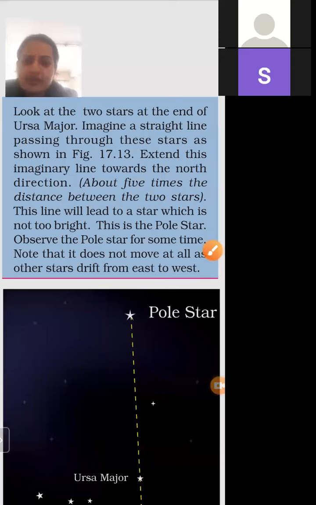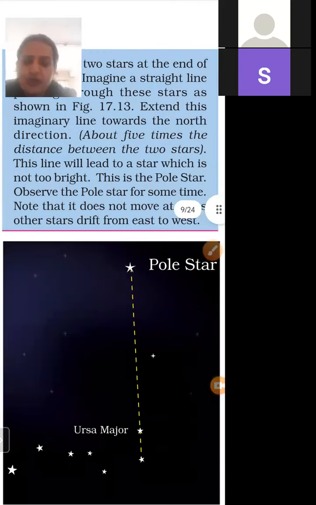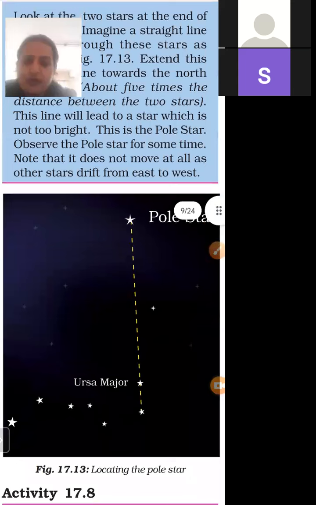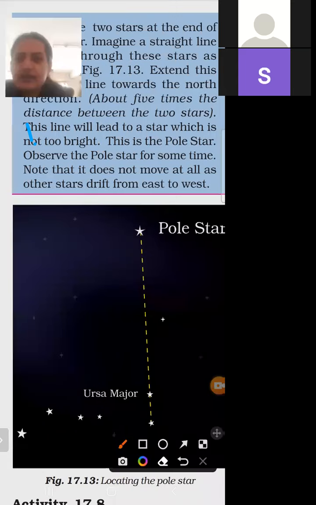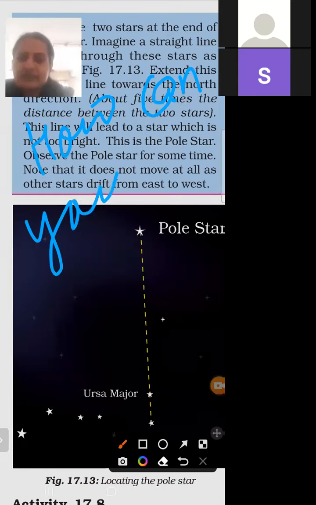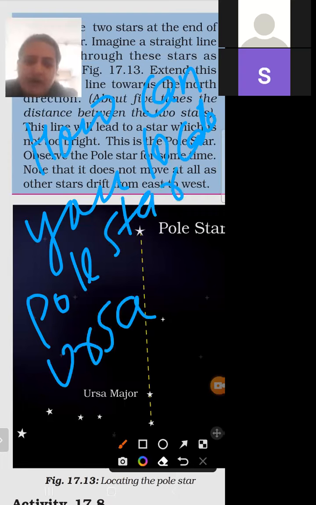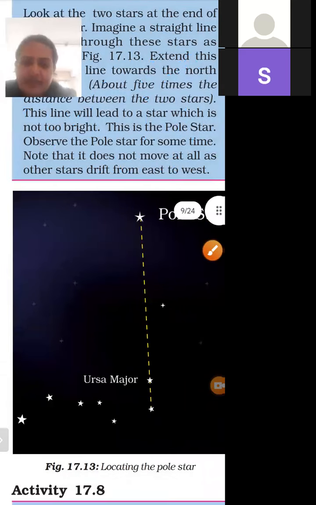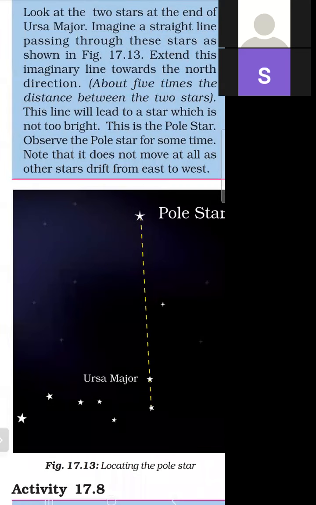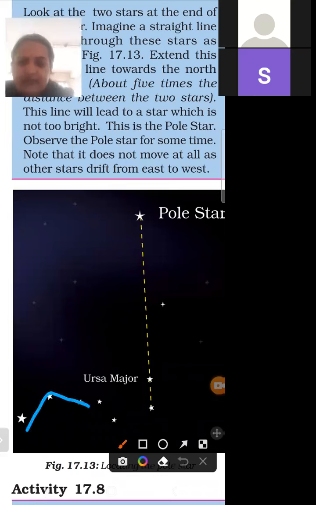So the question is, how can you locate the pole star with the help of Ursa Major? There is a line, and this is the Ursa Major.